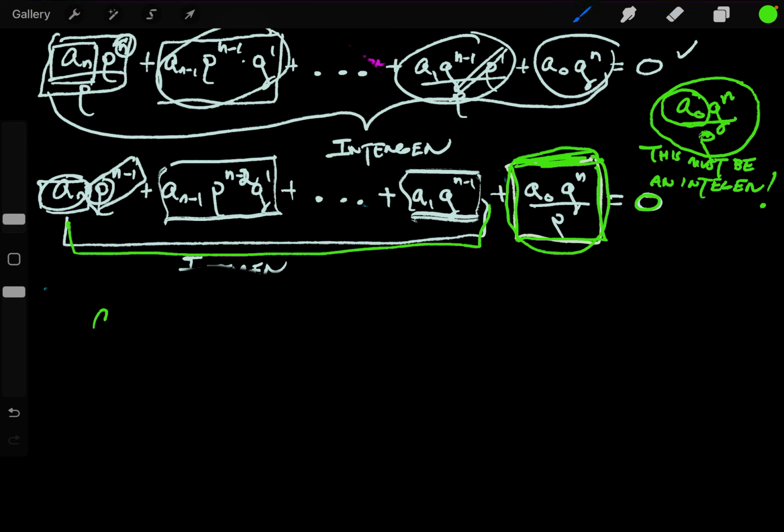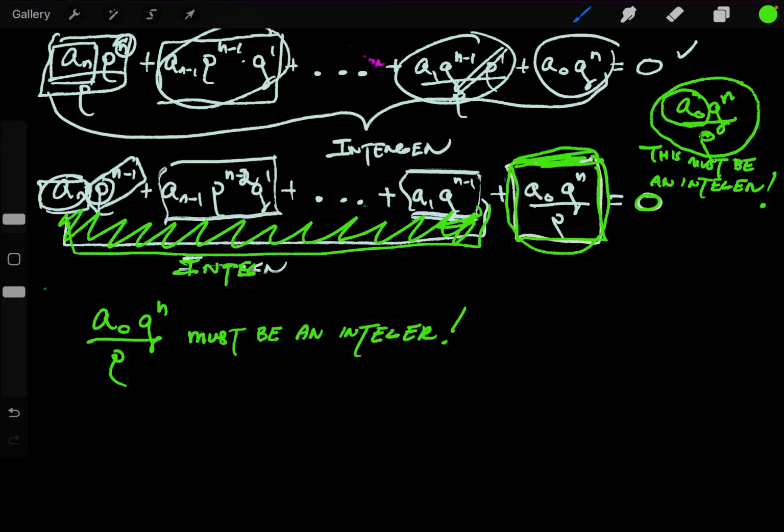So we have a0 q to the n over p must be an integer. Why? You should make an argument why. This is an integer, this whole thing here.